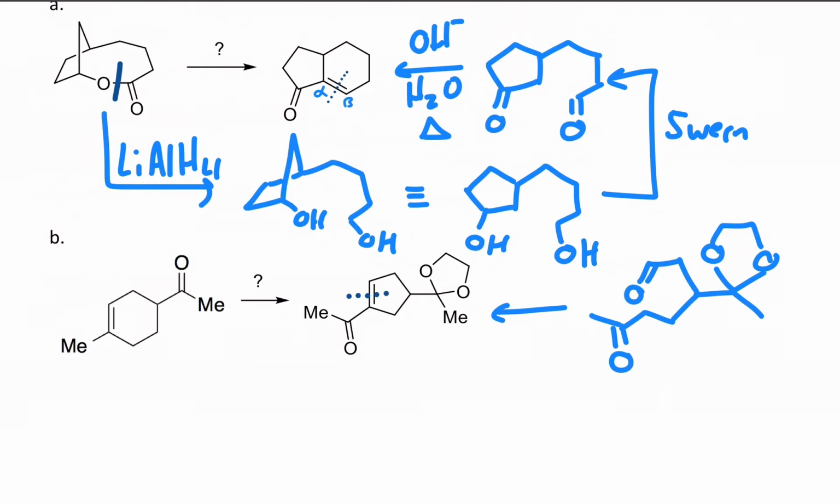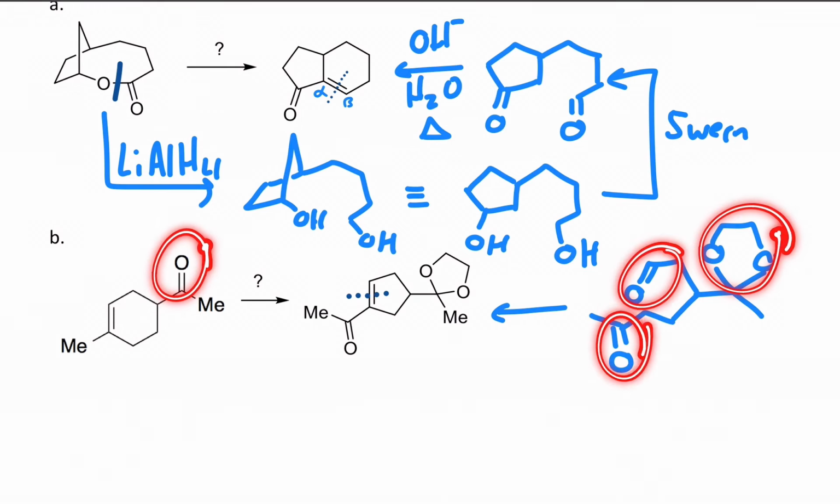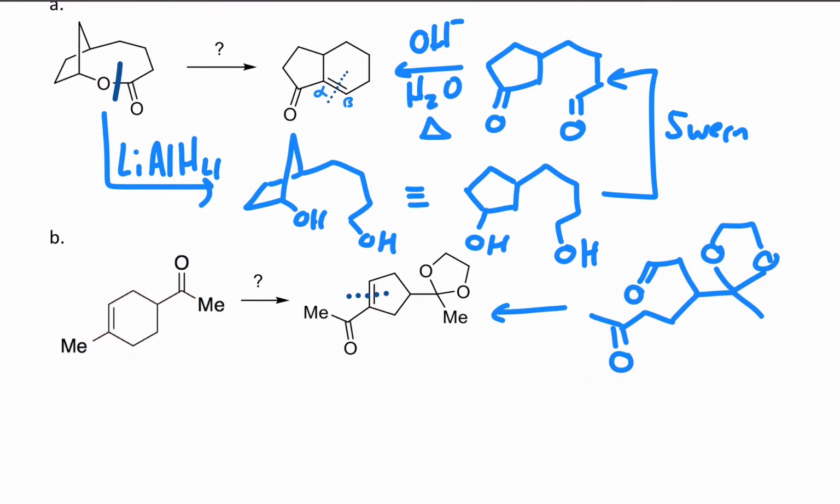And then I look at this and I see I have a ketal, which I can make from a ketone. And then I have an aldehyde and a ketone, which, oh, I have an alkene. So I think I can make those 2 carbonyls all at once from this alkene. And then somewhere along the way I also have to turn this ketone into a ketal.